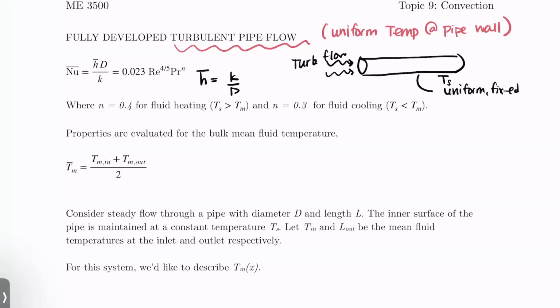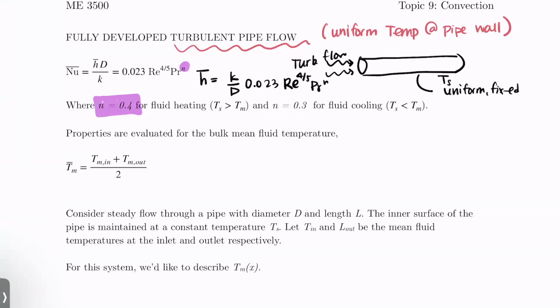So I have h bar equal to k over d times 0.023 Reynolds number to the 4/5 Prandtl number raised to n. You'll notice that we have a coefficient on the Prandtl number n. We're going to use a value of 0.4 if the fluid is being heated.